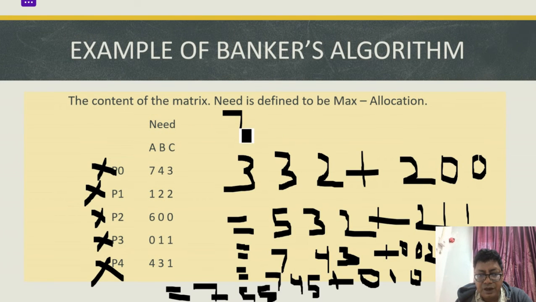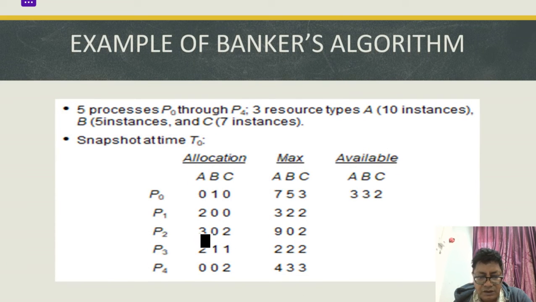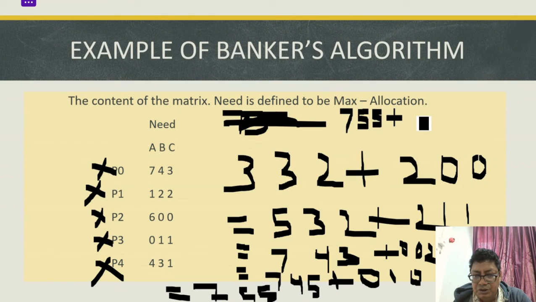Okay. And finally, whenever the 755 satisfies the P2, then P2 must release the resources. P2 is 302. Sorry, let me do it once again. 755 plus the lastly satisfied P2, that means 302.